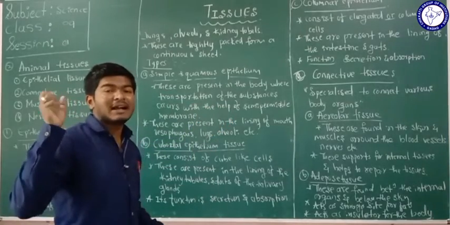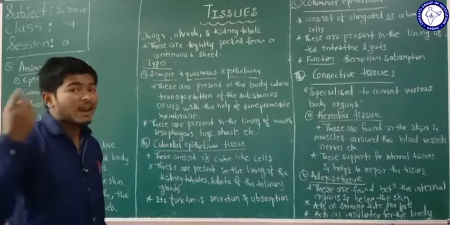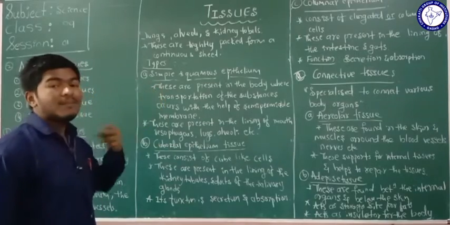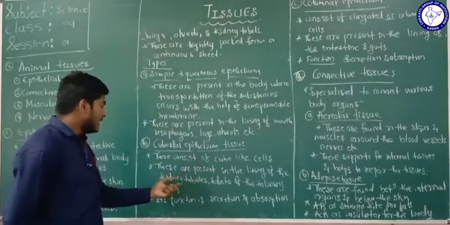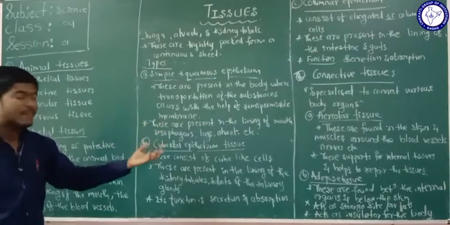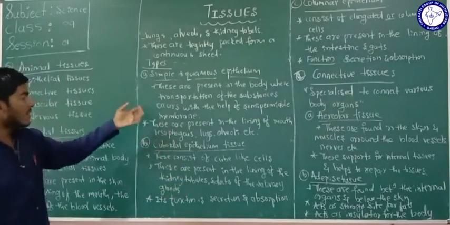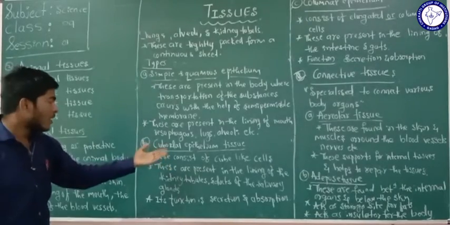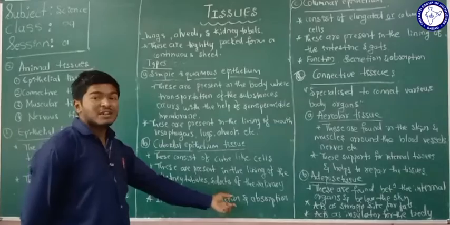The blood contains some food materials, waste materials, oxygen and carbon. That will be absorbed by the kidney tubules with the help of the cuboidal epithelium tissues present there. That is one function of the cuboidal epithelium tissue, and another is secretion and absorption.